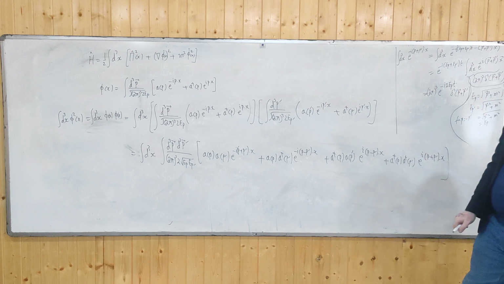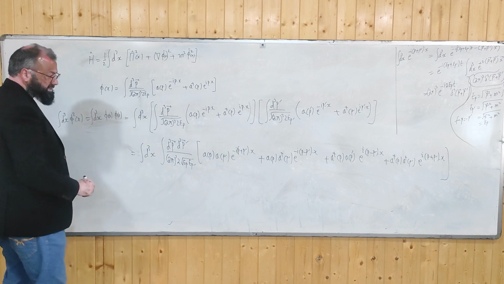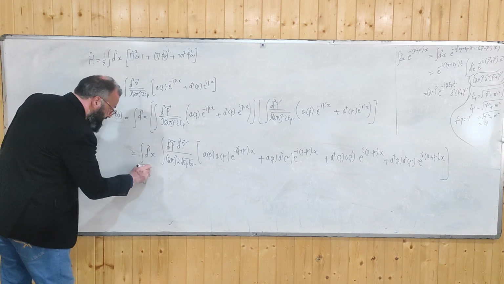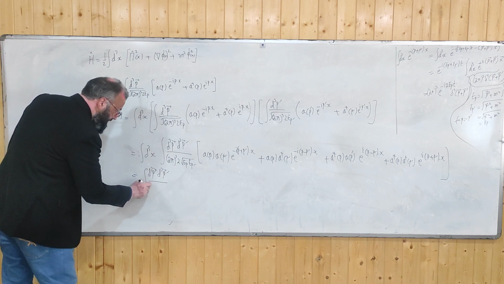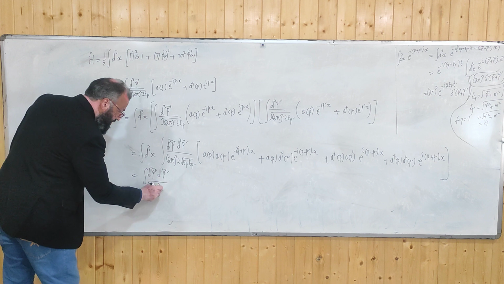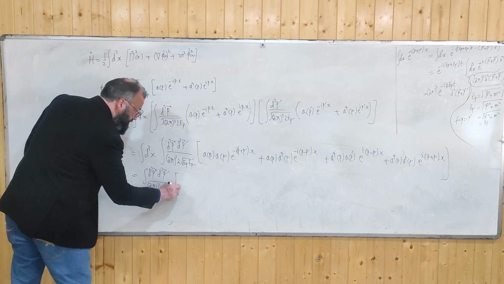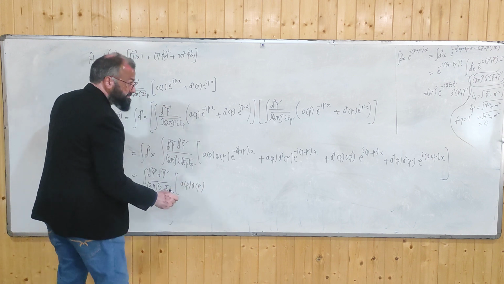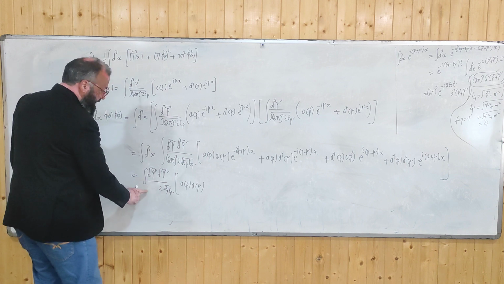Okay, so now let me write. Once you integrate over x, what will you get? d³p d³p' divided by 2π³ times 2 root E_p E_p'. The 2π³ will cancel, so I will not write it.